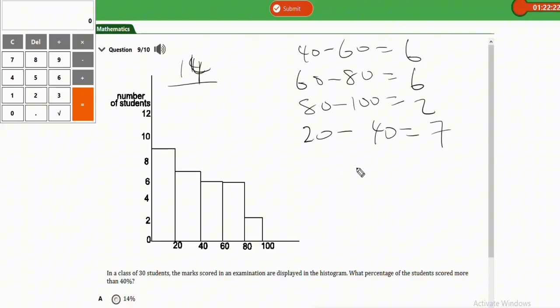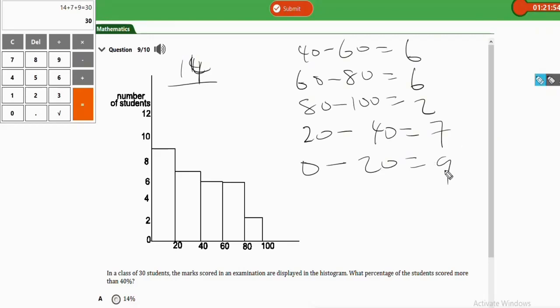Then people that scored 0 to 20, when you trace it, you have it to be 9. So when you punch this on a calculator, 14 plus 7 plus 9, we have it to be 30.